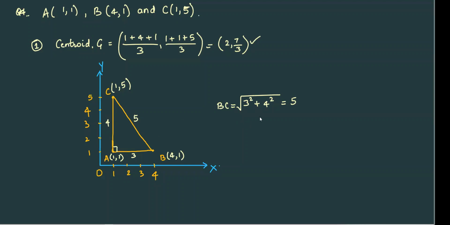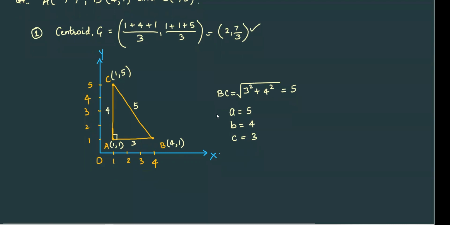So we have now small a is 5, small b is 4, small c is 3. Small c is the side opposite to vertex C, small b is the side opposite to vertex B, and small a is the side opposite to vertex A. So this is what we get.